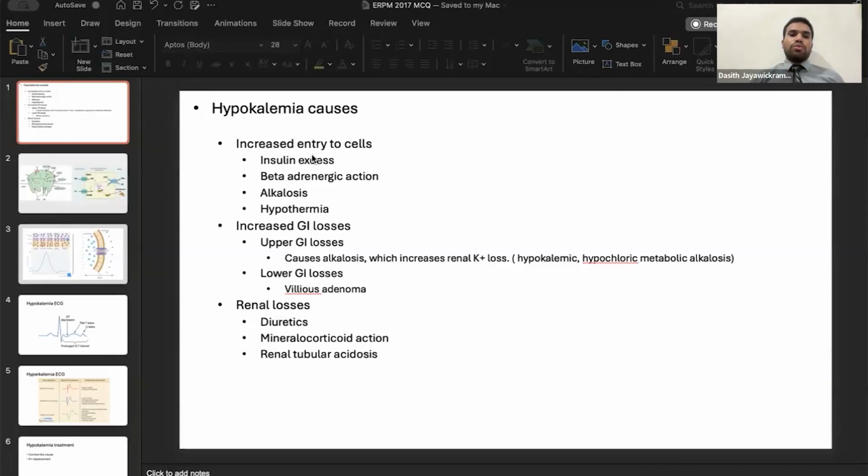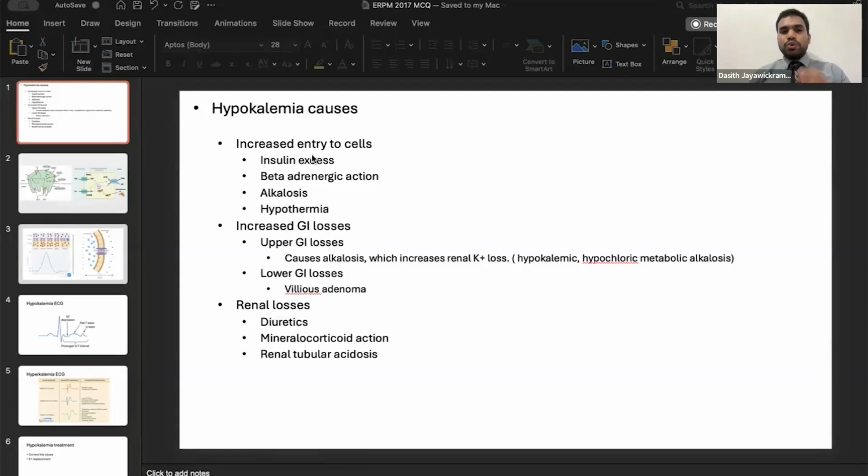So when we talk about causes for hypokalemia, you can categorize into three parts.